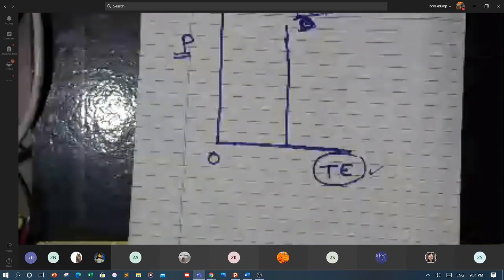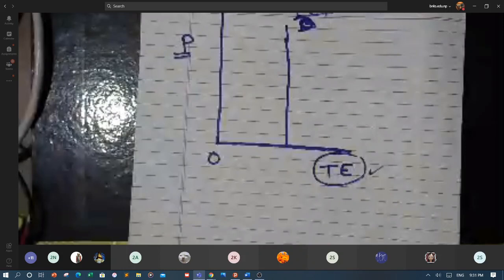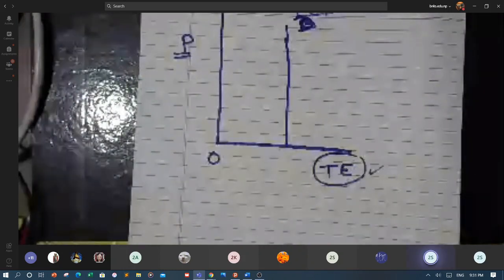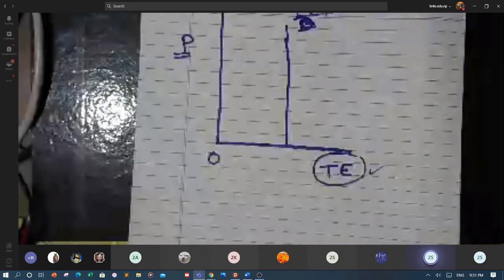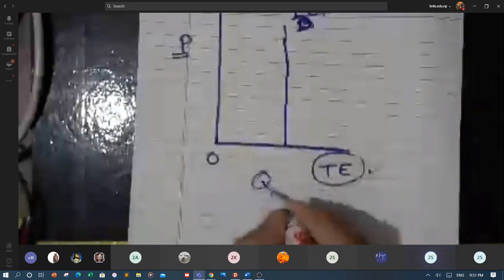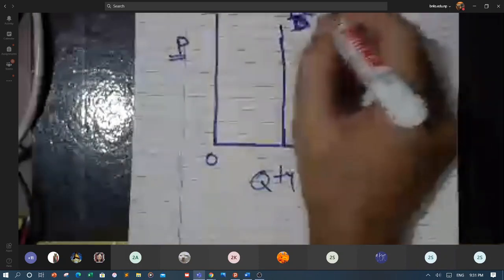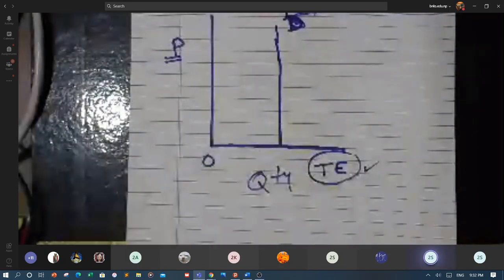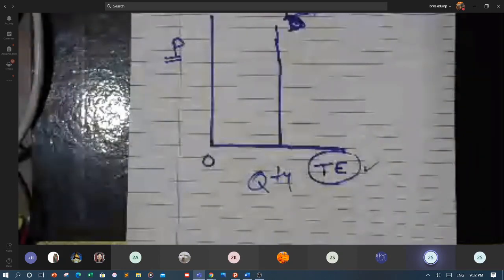Okay, is there any question? Sir, can't it be perfectly elastic? It could have been perfectly inelastic if quantity had been on this side and this had been demand. How can it be perfectly elastic?